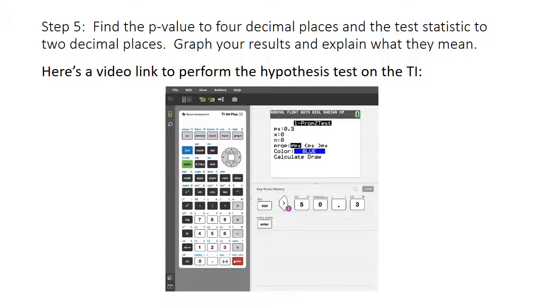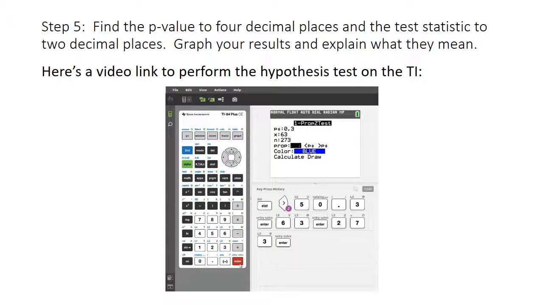All right, X is the number of successes, and in this problem, we have 63 girls who said they smoked to stay thin. Oh, depressing, isn't it? All right. And the number of trials. We looked at 273 randomly selected teen girls living in Massachusetts.